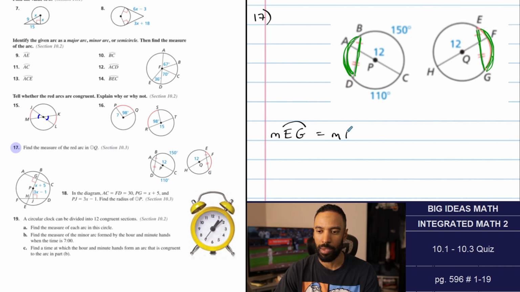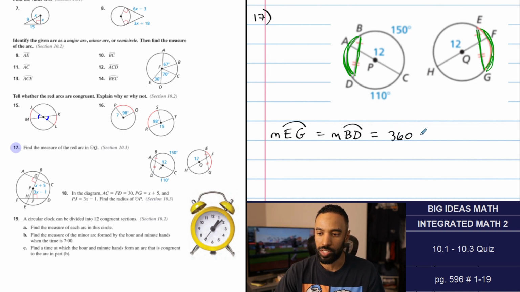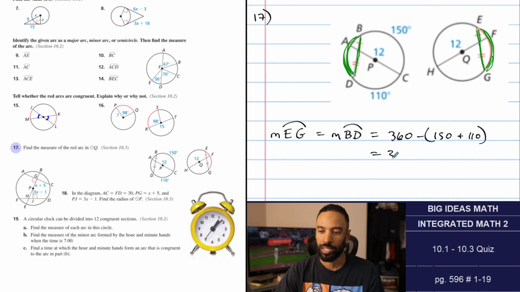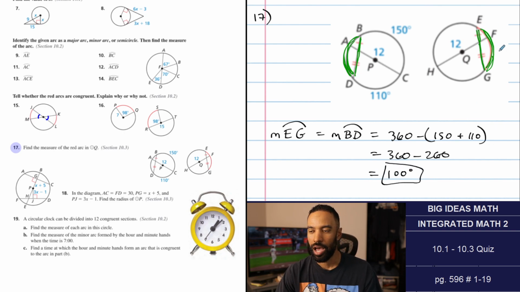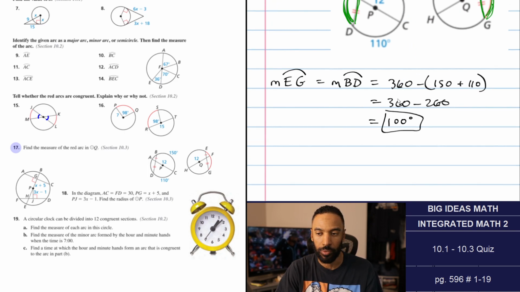It's the same as the measure of arc BD because of the congruent chords in congruent circles. And so it's going to be, once again, 360 minus 150 plus 110. So that's 360 minus 260, and that's 100 degrees. That is the measure of the arc in red, measure of arc EG. The 12 wasn't really used other than to indicate the circles were congruent. And those are diameters, by the way.